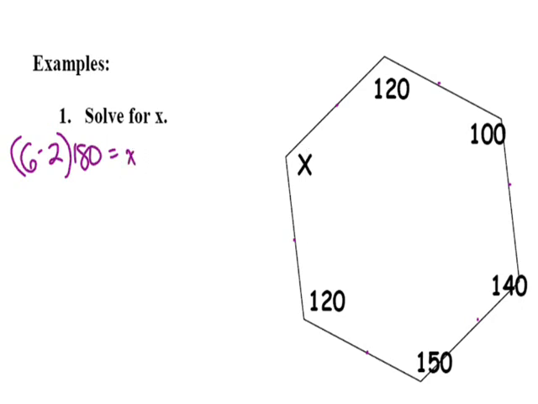So x plus 120 plus 100 plus 140 plus 150 plus 120. Please go ahead and solve this for x. Come back when you have an answer. Hit pause now. And you should have gotten that x equaled 90 degrees.